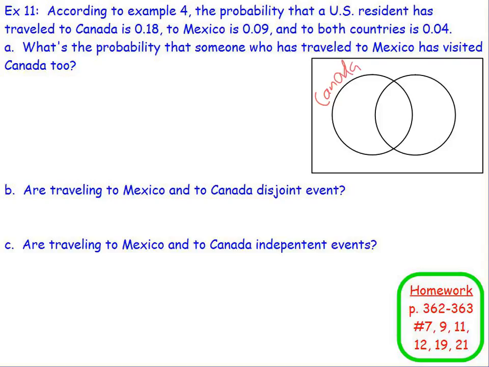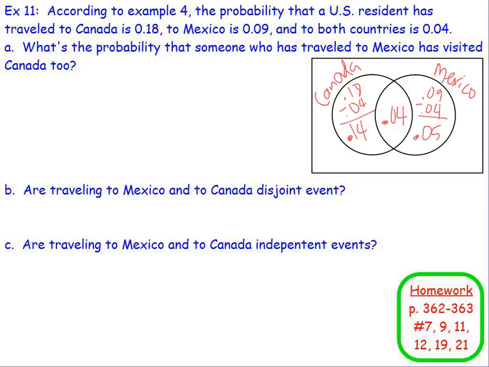So we got Canada, Mexico. The both number was 0.04. Canada, you should have taken 0.18 minus 0.04 to get 0.14. Mexico, you should have taken 0.09 minus 0.04 to get 0.05.